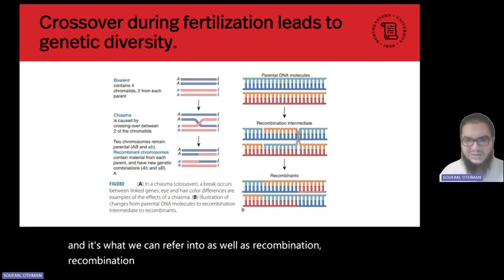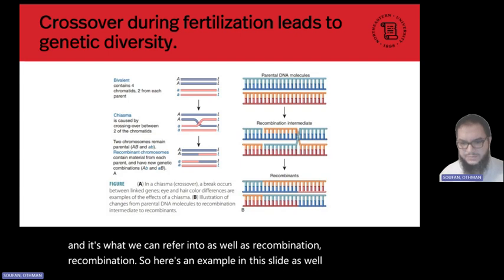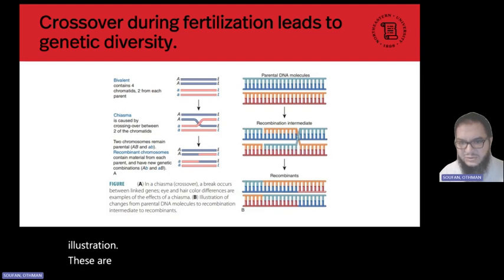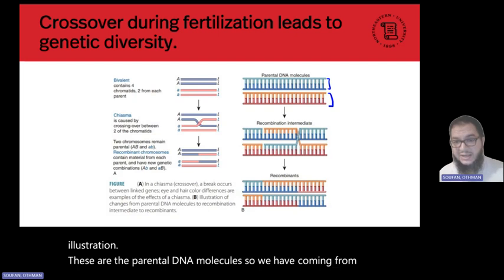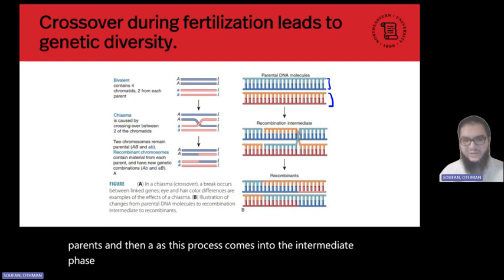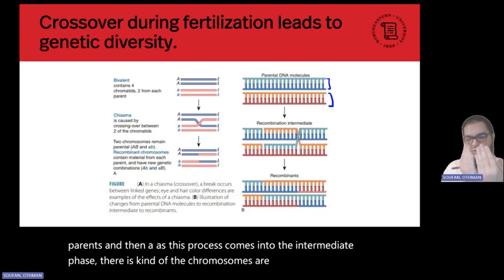So here's an example in this slide as well, an example illustration. These are the parental DNA molecules. So we have coming from two parents, and then as this process comes into the intermediate phase, the chromosomes are coming to each other.